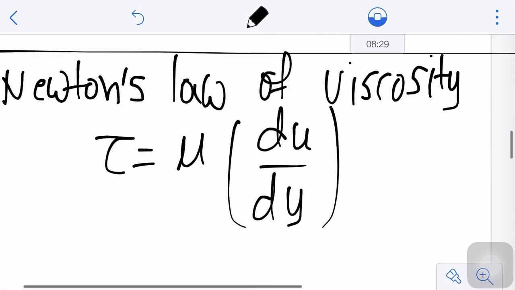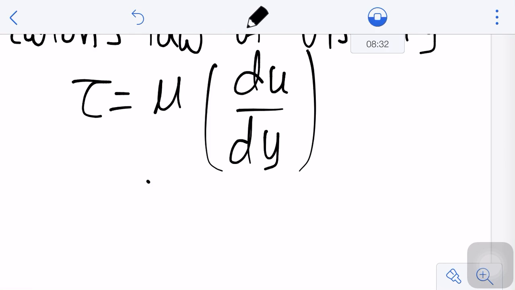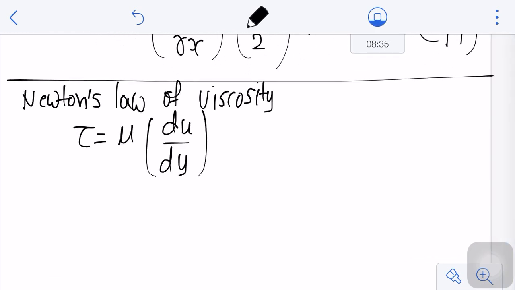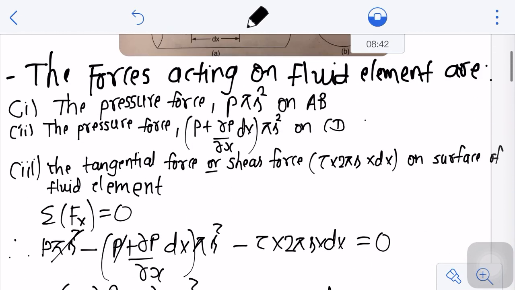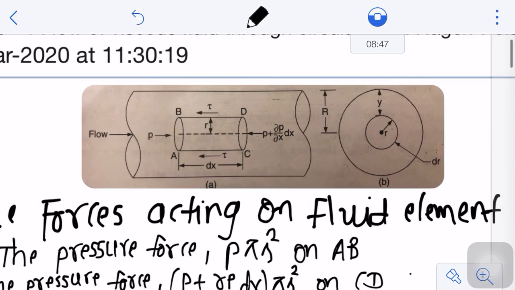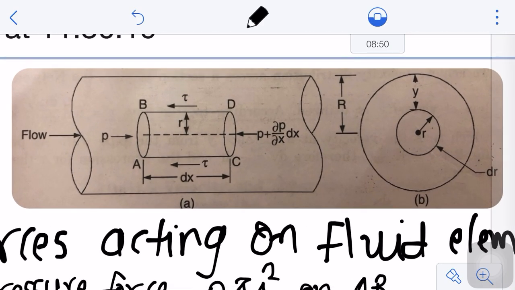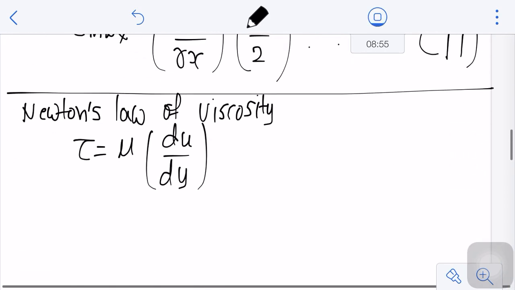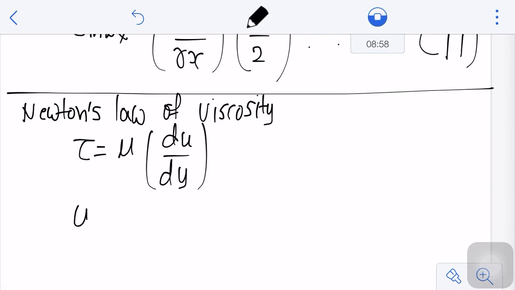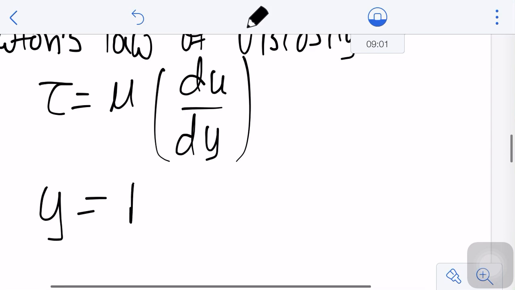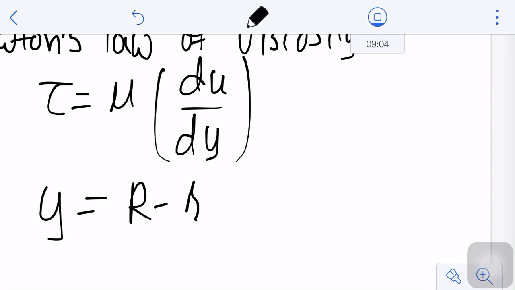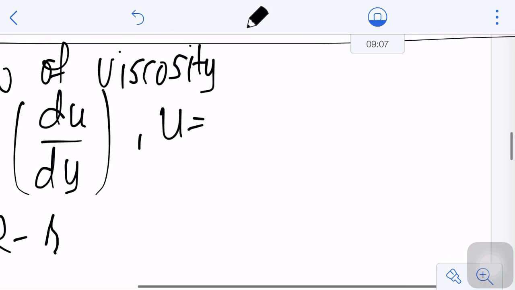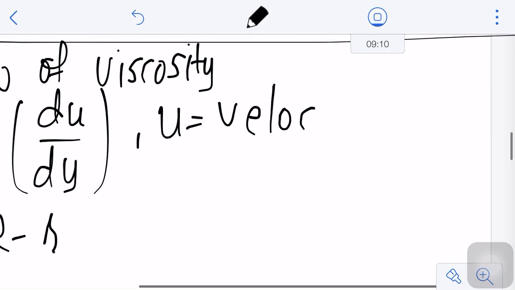In this term, small u is the velocity at distance y from the pipe surface or from the pipe wall. And as per the figure we have considered in our case, the small y is the difference of capital R minus small r. So from this figure one can also write that small y is equal to capital R minus small r, and here u is the velocity.